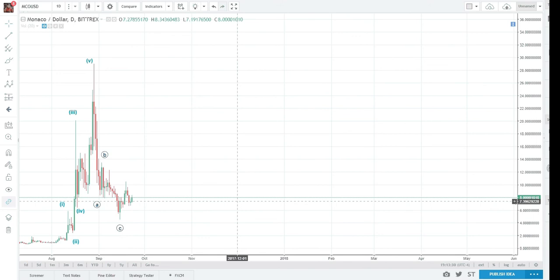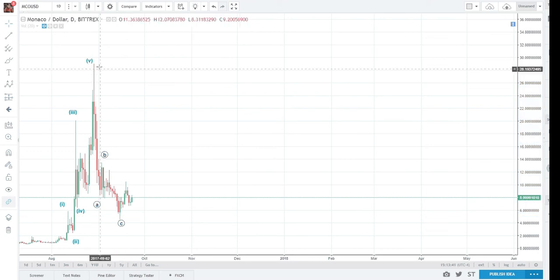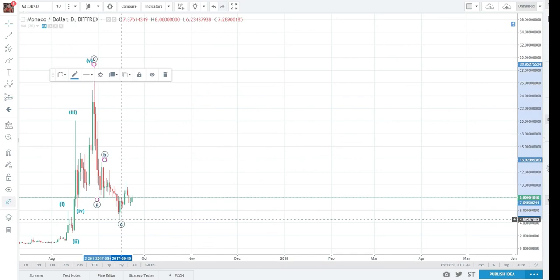So here's another example, and this is a tendency I'm seeing in cryptos compared to equities. In an ABC, it is more frequent in cryptos for the A on a daily scale to be longer than C. Before that, I was in the mindset of equities.